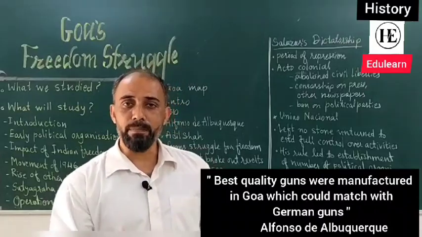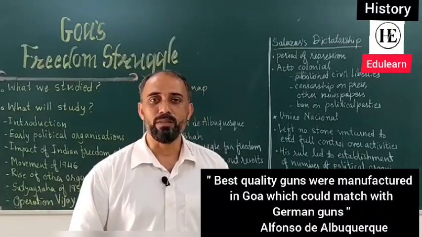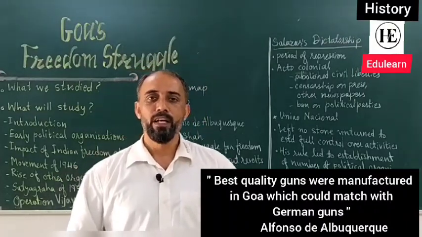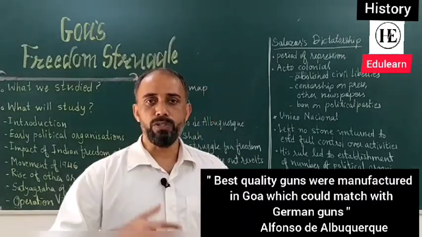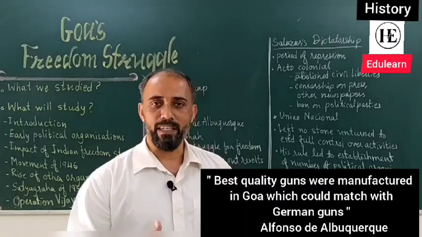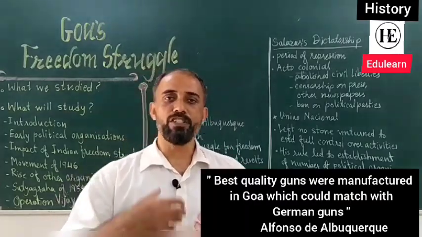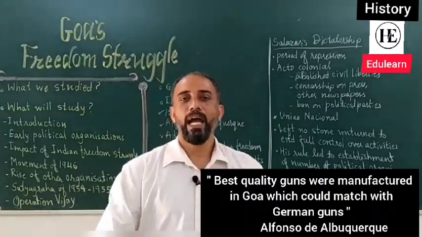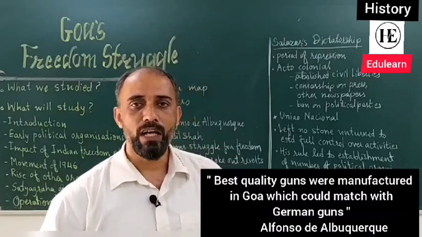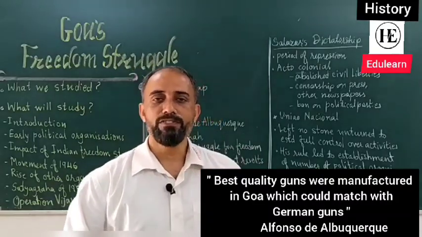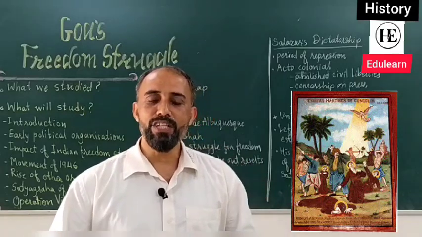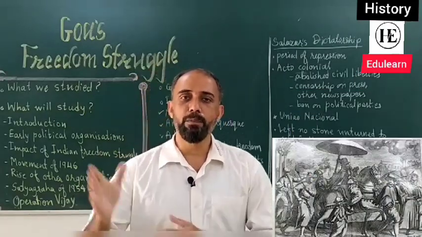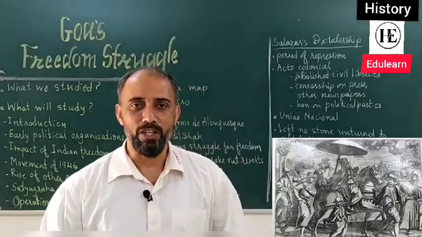So, the art of preparing guns was known to the Kunkolim people, because they were affiliated with the Marathas, Bijapur, Vijayanagar and other empires. They knew how to manufacture guns, and they were quite advanced as per the evidence of Alfonso de Albuquerque. Here, after the locals killed the priests, they invited the wrath of the Portuguese military, and the Portuguese brutally suppressed this revolt.